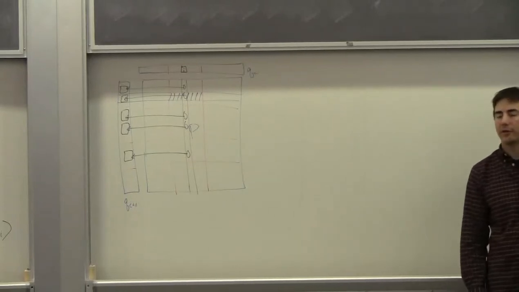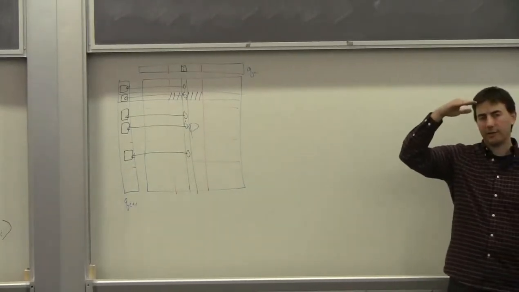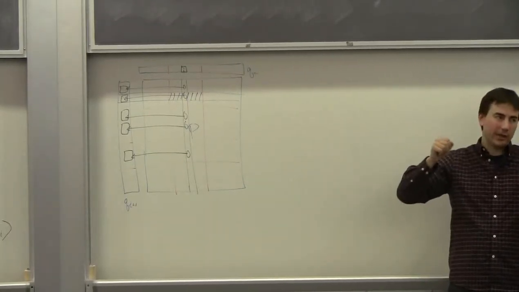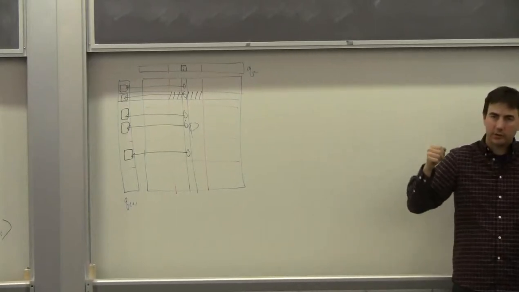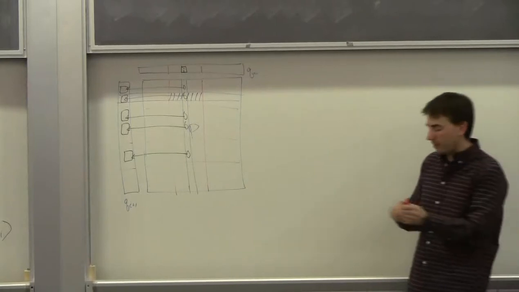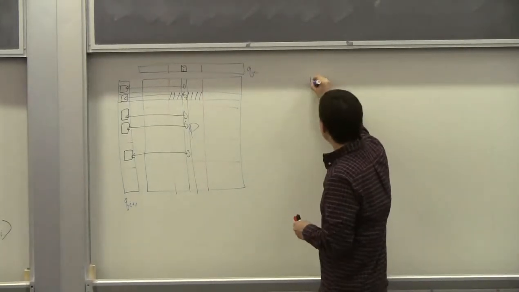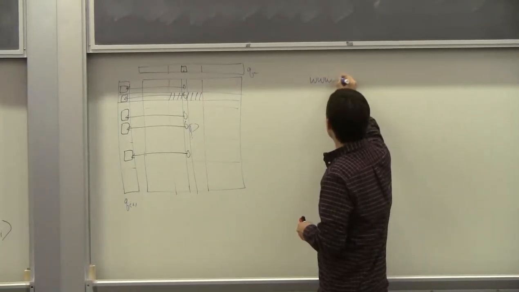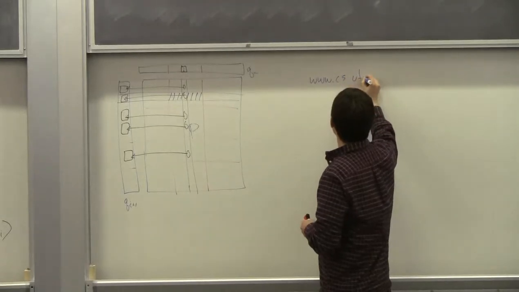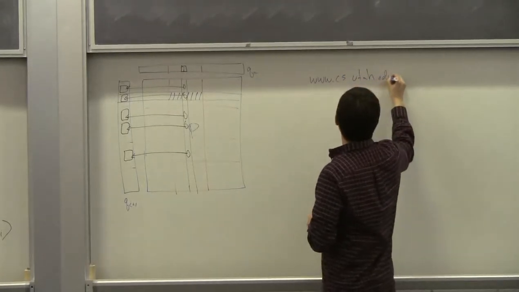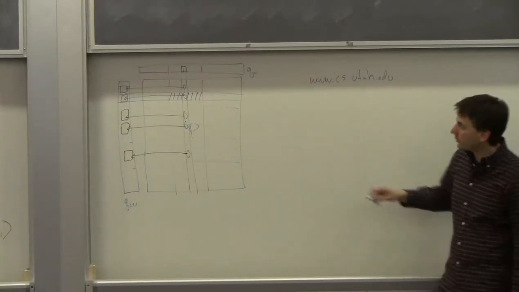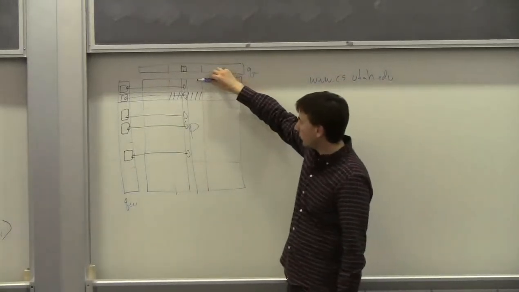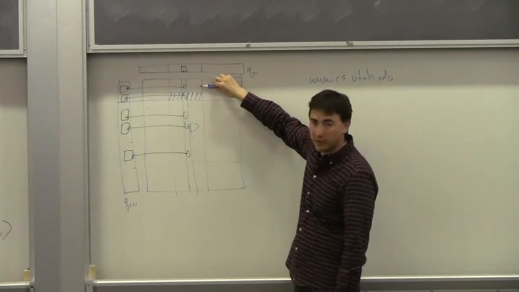If I wrote out the actual HTTP address and sorted those, think of all of the web pages that start with www.cs.utah.edu. These would all be in the same sorted order, so maybe these correspond with a bunch of these rows right next to each other.